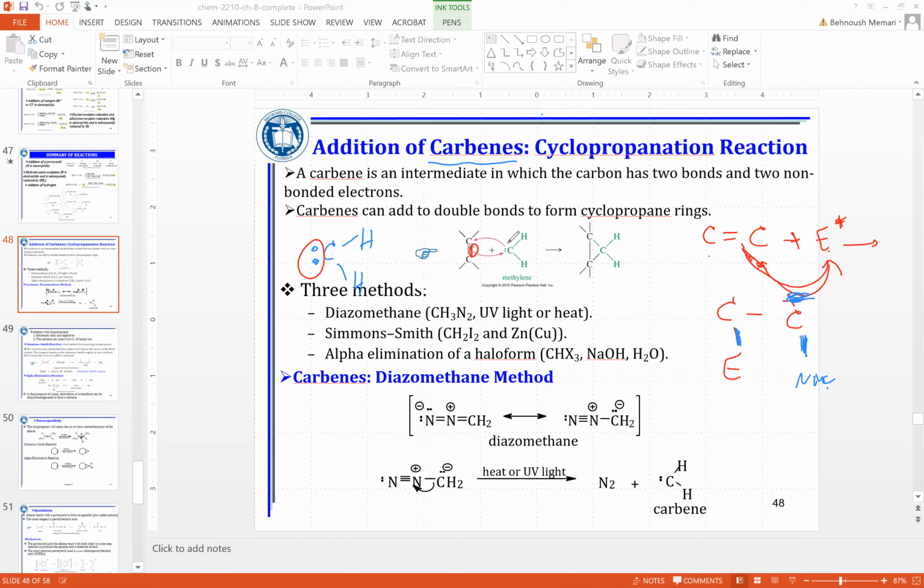So the carbene brings a pair of electrons, which means you don't have to bring a nucleophile later. You get the pi bond from the carbon-carbon double bond as one pair of electrons, and the pair of electrons from the carbene as a second pair, and you end up with the two sigma bonds that you're adding here.